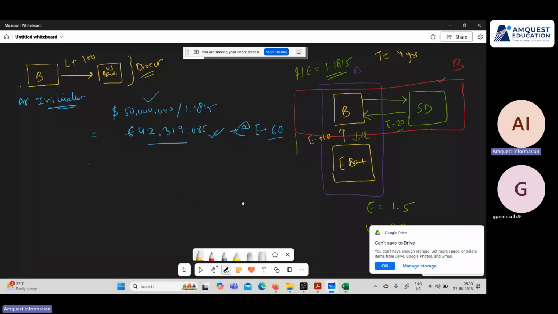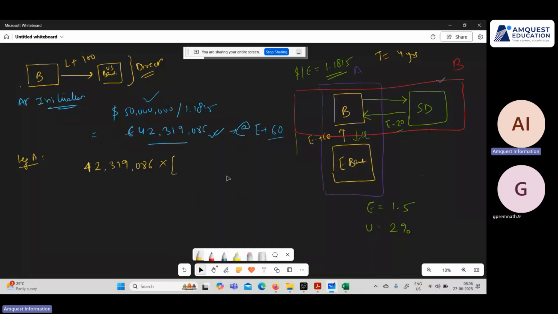All right. So let's just talk about, when it comes to leg A, how much Bovis has to pay. Can I say that Bovis will actually have to pay interest on 42,319,086 multiplied by what rate of interest? 2.1% divided by 4.